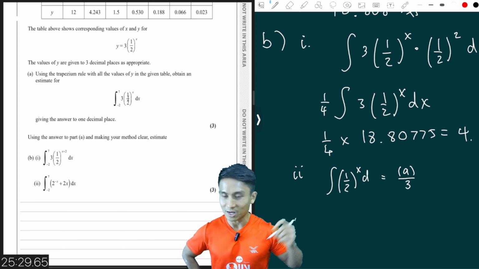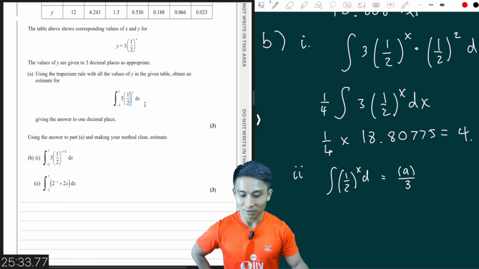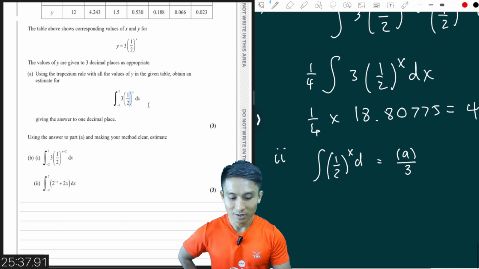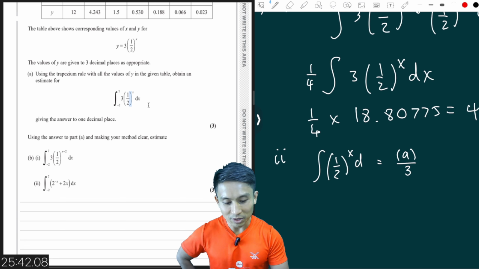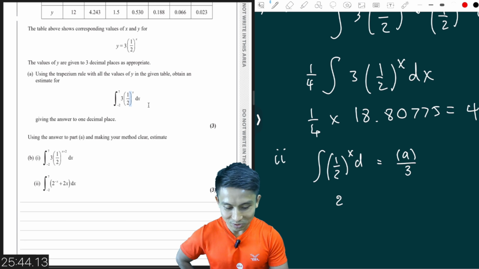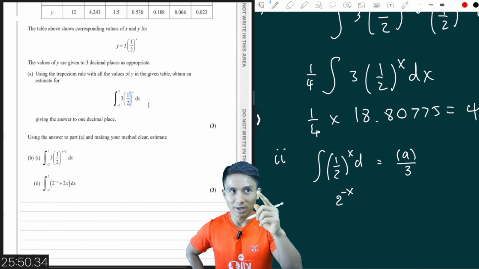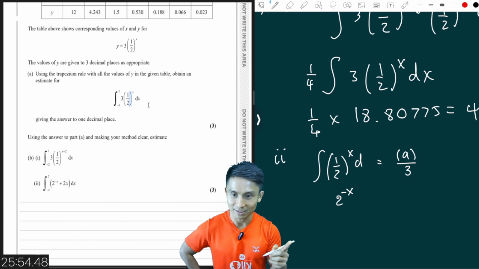You just move the 3 down, because this is 3 times the integral of 1/2 to the power of x. So if we want just one of them, not 3 of them, we divide by 3. So I'm just saying that we are okay with this. Now, because we are okay with that, and that is the same as 2 to the minus x, right? Because 1 over 2 is 2 to the minus 1, and 2 to the minus 1, to the power of x is 2 to the minus x.